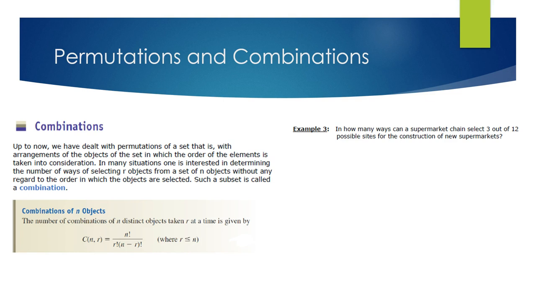If they wanted to say which one's going to be the corporate headquarters, which one's going to be the distribution center, and which one's going to be just a regular supermarket, then that would of course have an effect, and that would be more of a permutation. So this is a combination. Work out the combination, and we'll check it in with you in a second.